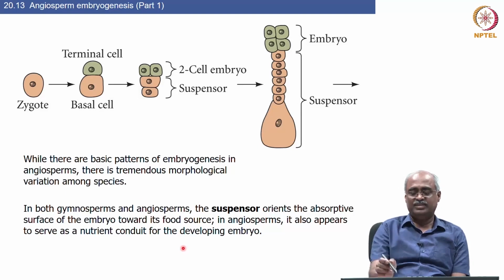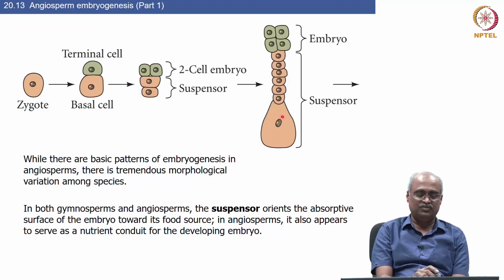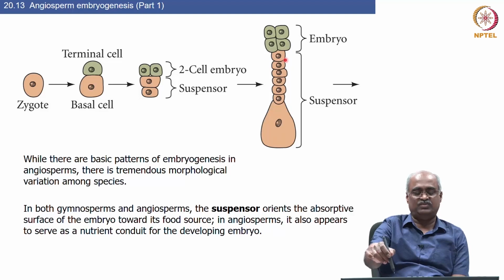So what is the role of the suspensor? In both flowering and non-flowering plants, like gymnosperms and angiosperms, it orients the absorptive surface of the embryo towards the food source. Therefore, it facilitates the embryo's uptake of nutrients from the food source.